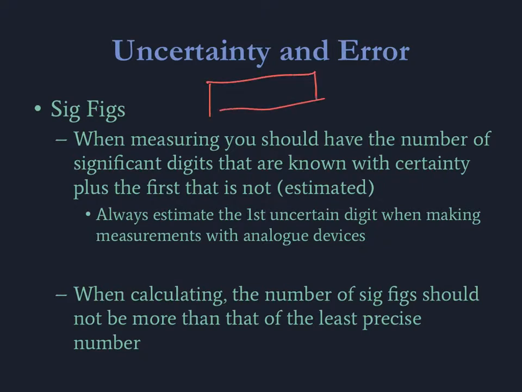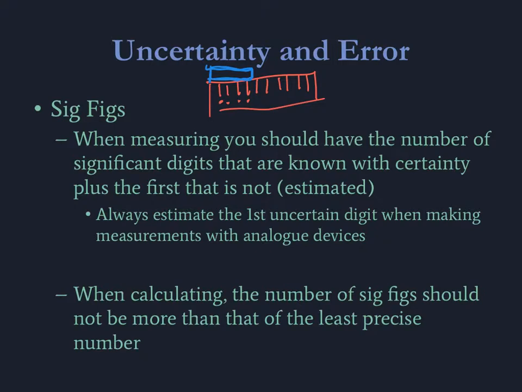ruler that has centimeters, and each one of these is 1 centimeter, then when we measure an object, let's say this is our object. So that's 1, 2, 3, 4. It's somewhere between 4 and 5 centimeters.